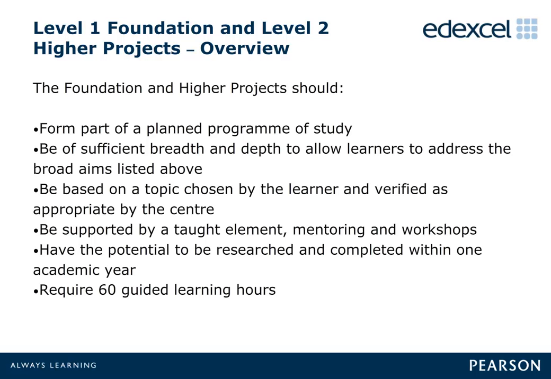For example, Level 1 and 2 learners will need to be taught how to reference their research sources, how to construct a bibliography, and how to complete their project proposal form and activity log. The project at both levels has 60 guided learning hours, so projects chosen should be able to sustain learners over this period of time.